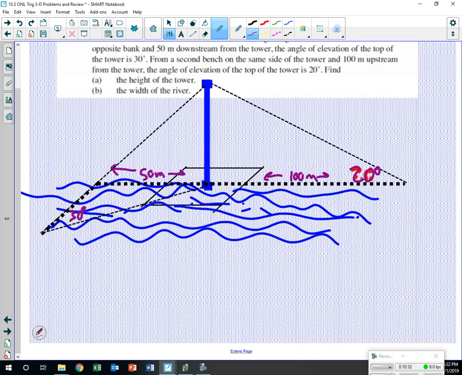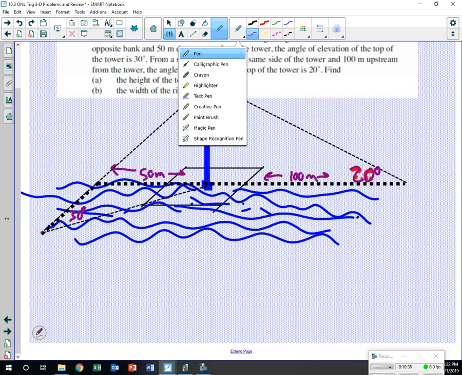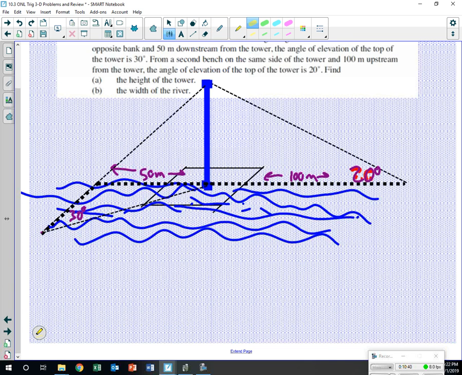So here's kind of what I would think is that you have two triangles. One triangle is this yellow one. And then the other triangle is this one here.